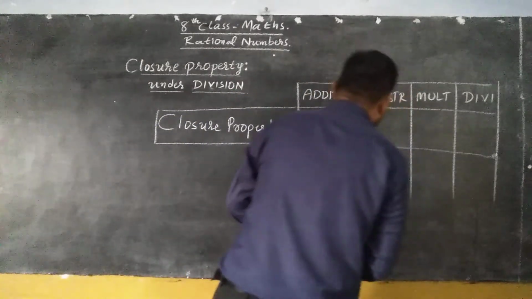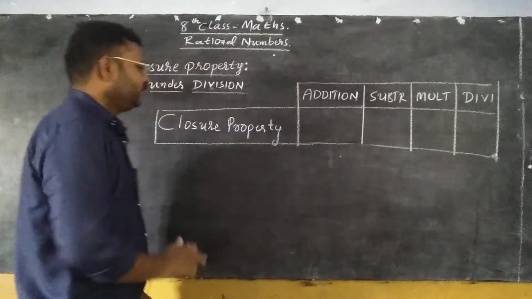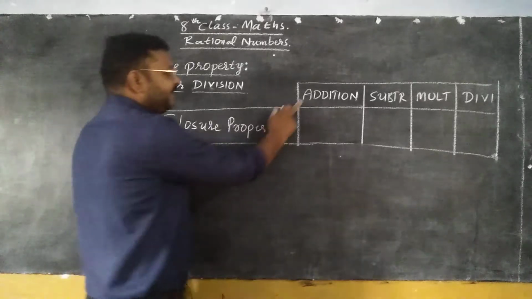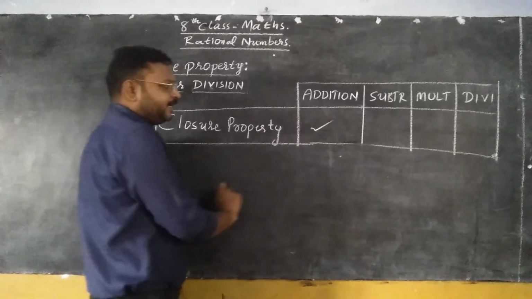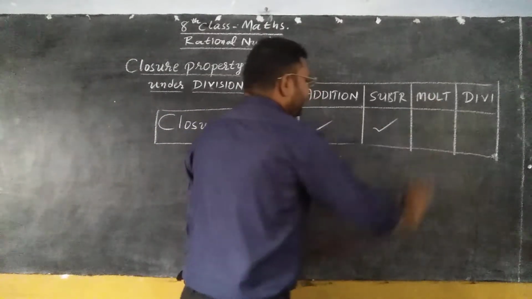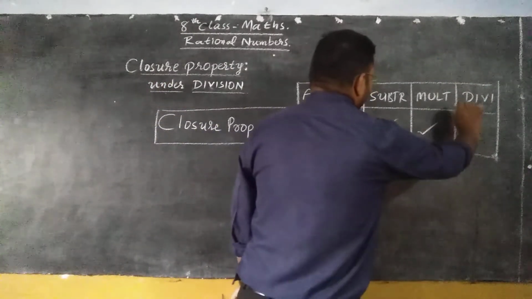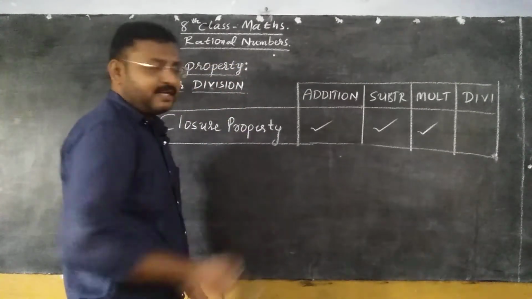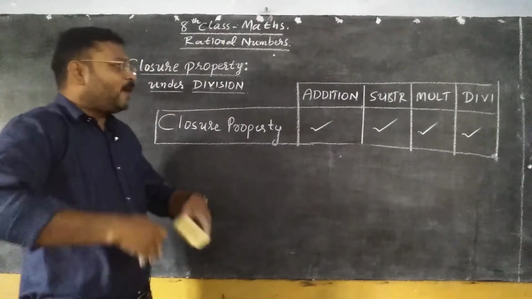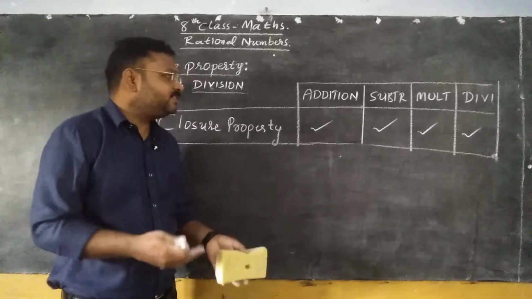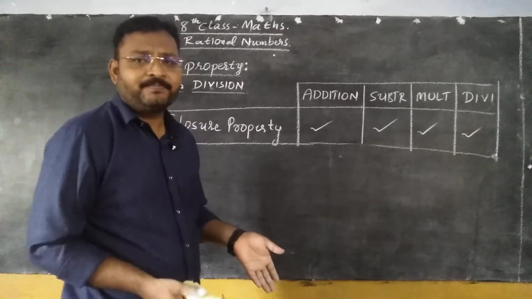If they are satisfied, you keep a right mark here. Closure property under addition, satisfied, yes, write a tick mark. Under subtraction, yes, write a tick mark. Under multiplication, yes, right mark. Under division, yes, satisfied, right mark.